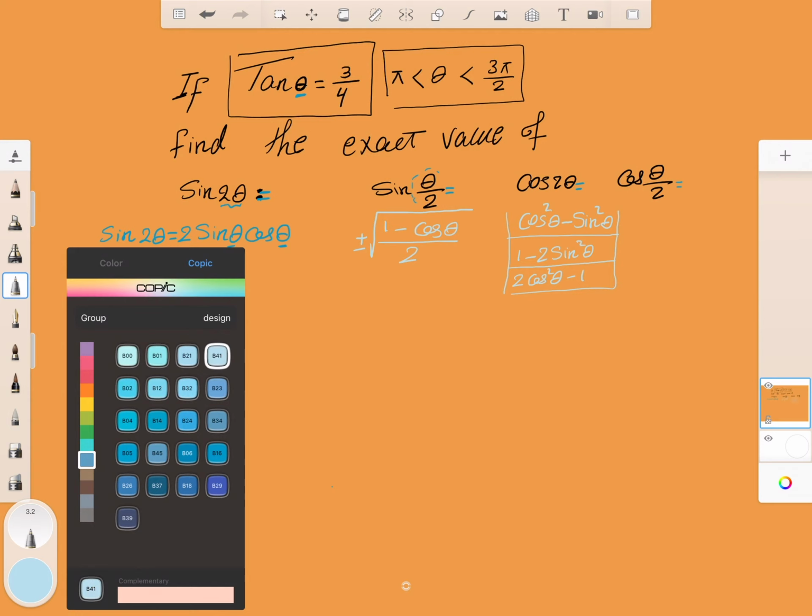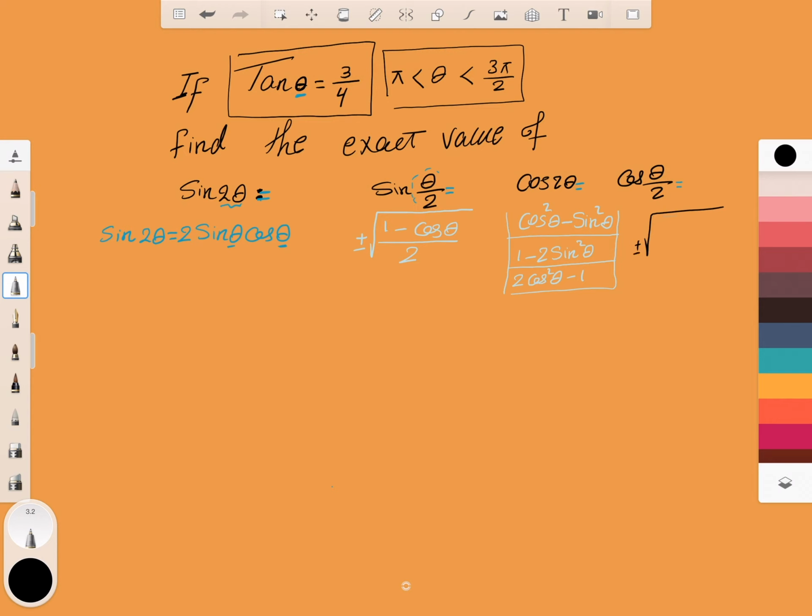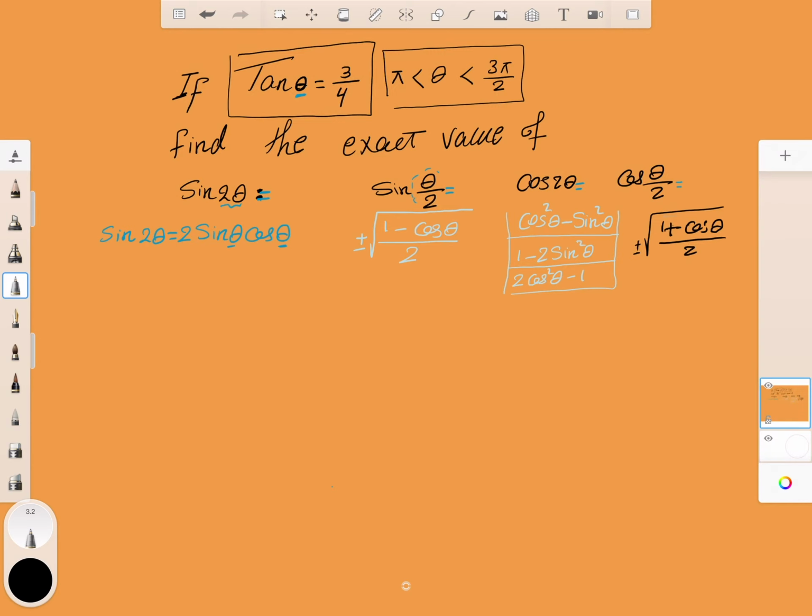And the last one, it's hard to see, cosine of half angle, the formula is plus minus radical 1 plus cosine of theta over 2. So we have all the formulas here.